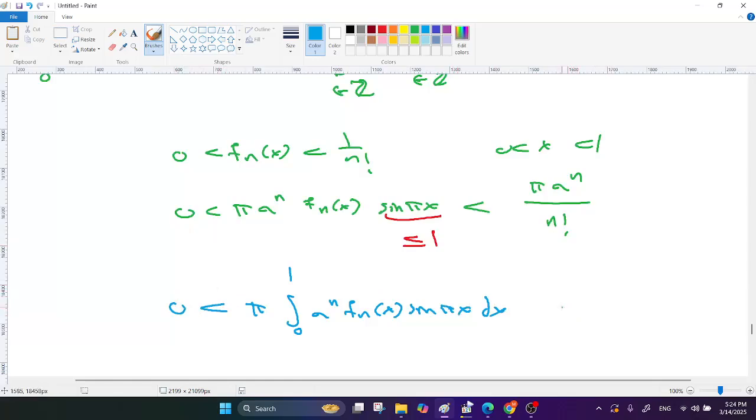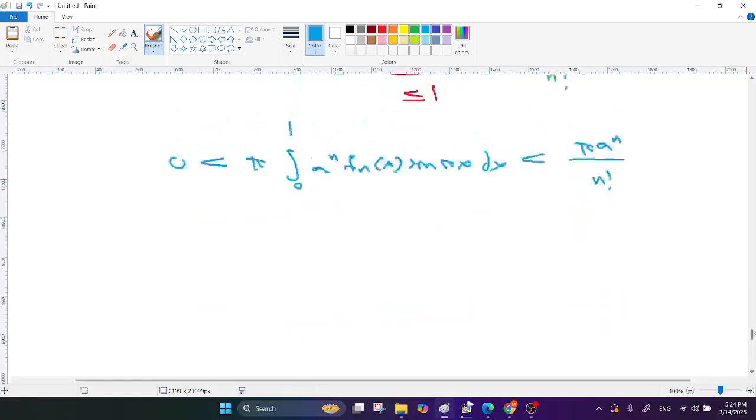If it's a definite integral, the integral of zero is always zero. Now, less than the integral from 0 to 1 of this constant. What is the integral of a constant? The upper minus lower, 1 minus 0, times the constant. So we just have π aⁿ over n factorial.